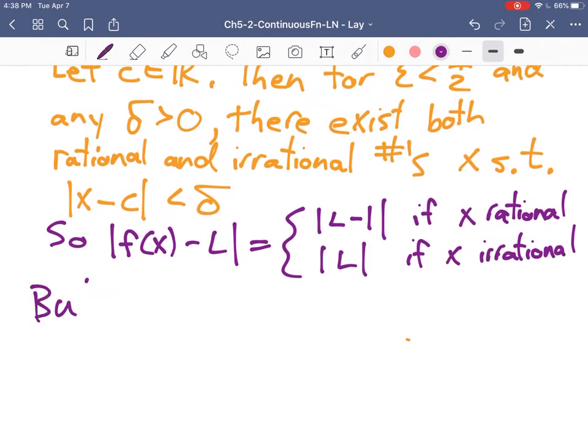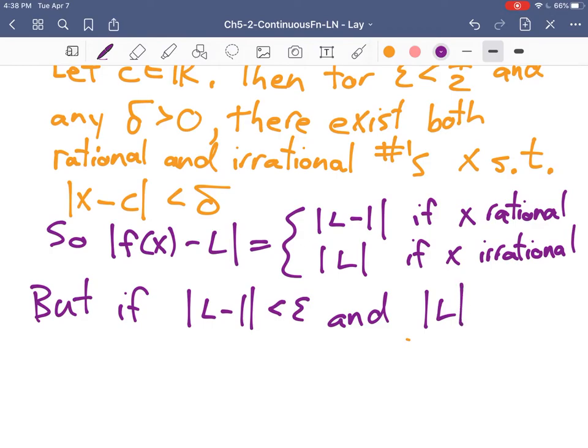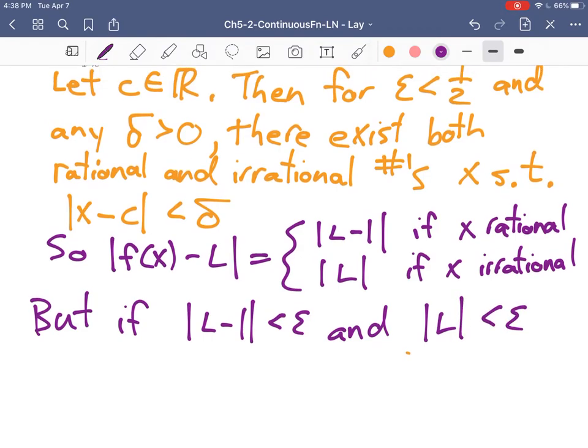But if the absolute value of L minus 1 is less than epsilon, and the absolute value of L is also less than epsilon, right? Because we know that there's both rational and irrational numbers within delta units, and so we need to have both of these values as outputs.